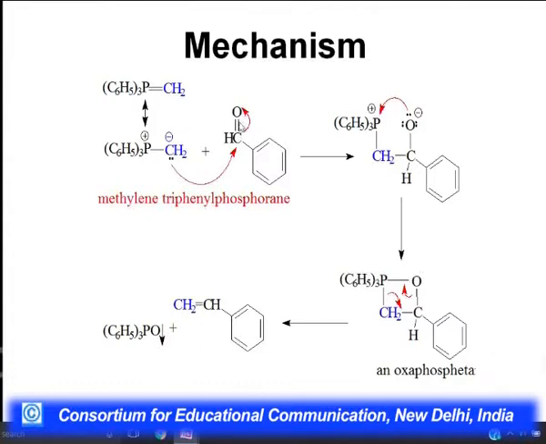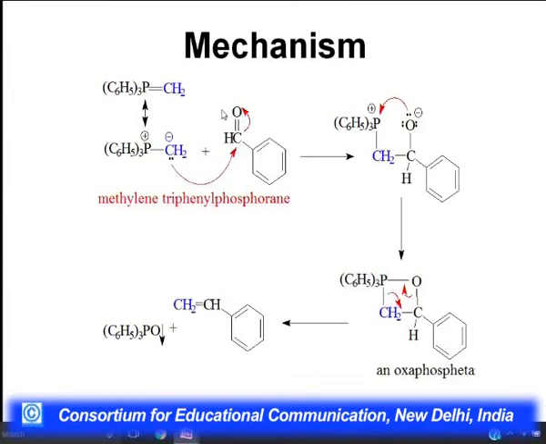This carbon has a partial positive charge on it, and oxygen has a partial negative charge, because oxygen is more electronegative. Now this phosphorus ylide reacts through the negative charge on the carbon, and this carbon acts as a nucleophile and makes a bond with this carbon here.